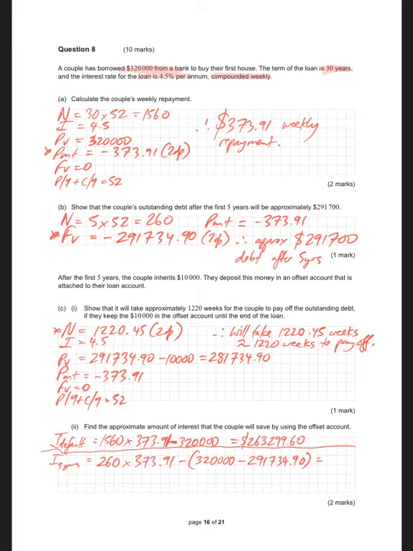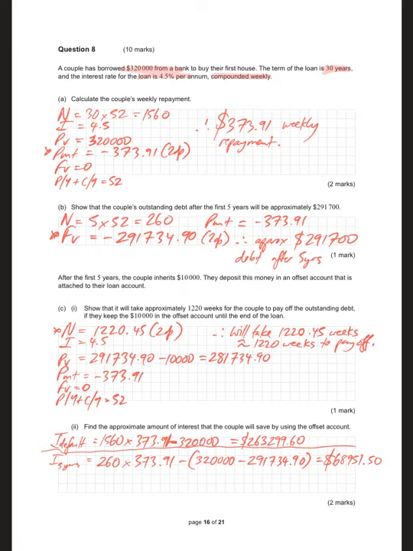So the interest in the first 5 years is 260 times 373.91 minus 320,000 minus 291,734.9, which is $68,951.50.